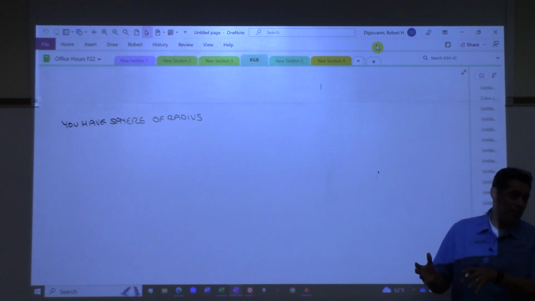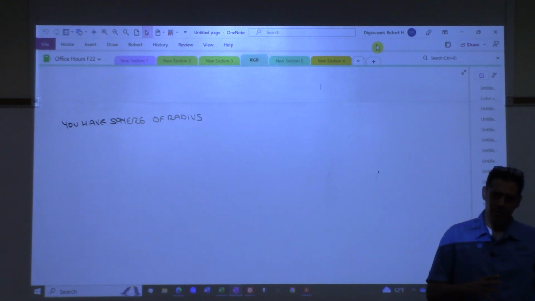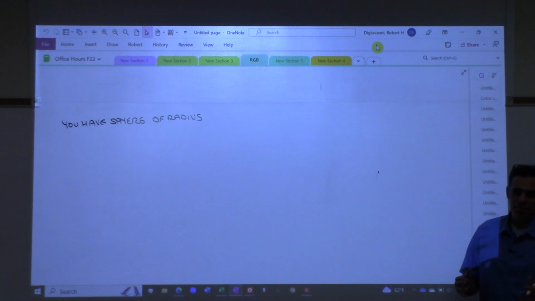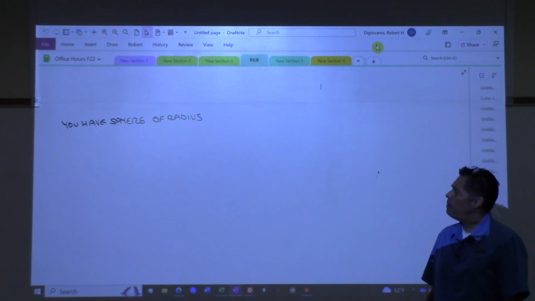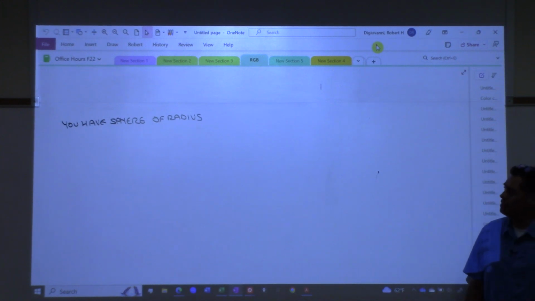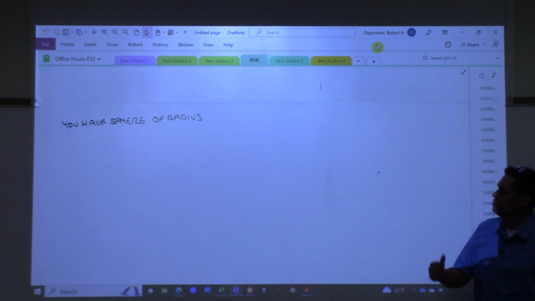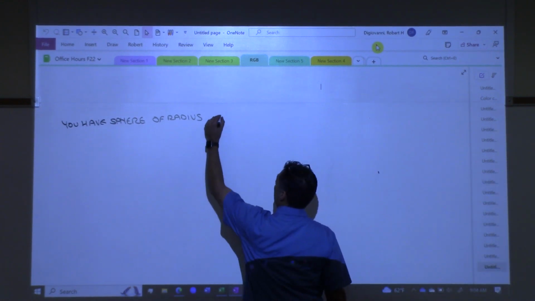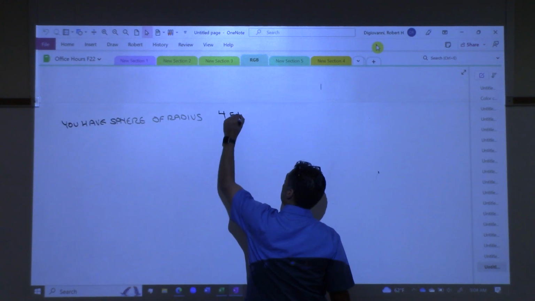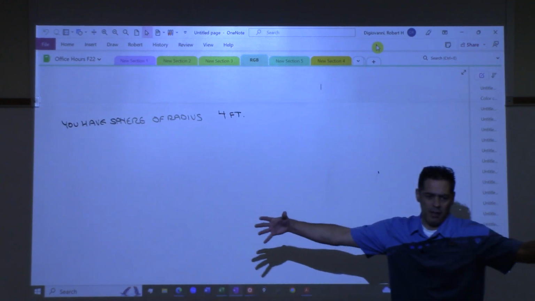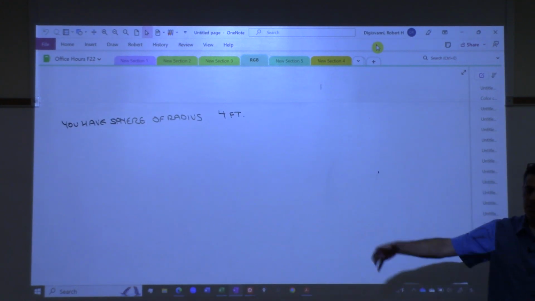If we do radius r, it's going to be harder, but it's up to you. Do you want to do arbitrary r, or just use a number? Are we going to be required to know how to do it? Well, I probably wouldn't give you something with r on it. Let's just fix it at, how about, 4 feet? Okay, that's a big sphere, right? You have this big sphere, 4 foot radius.